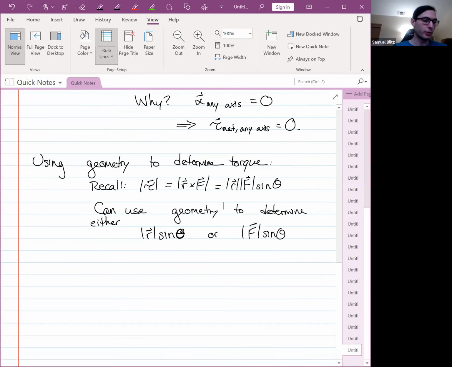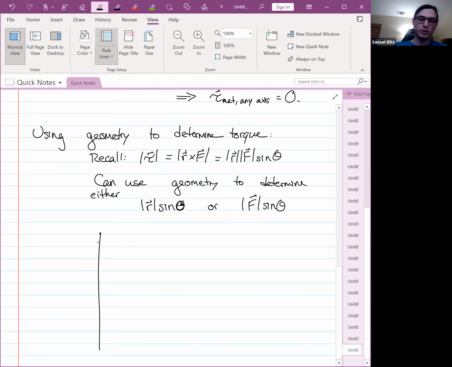So here would be an example. Let's say that you have a rod with, say, a pivot here, and a force is being applied, say, up and to the left at the top of the rod. Let's let that distance be d.